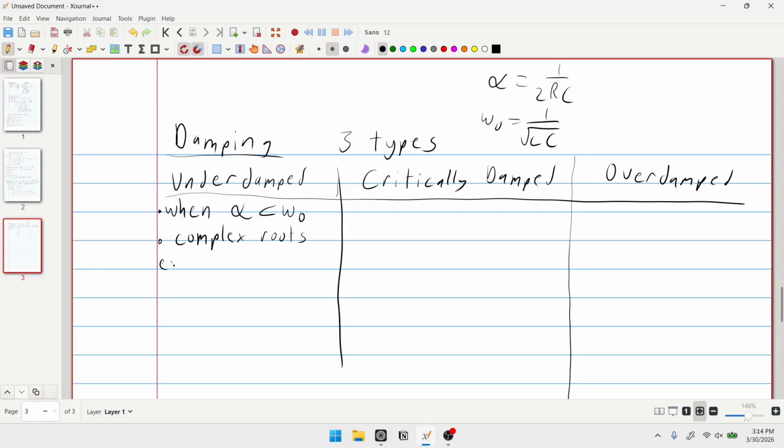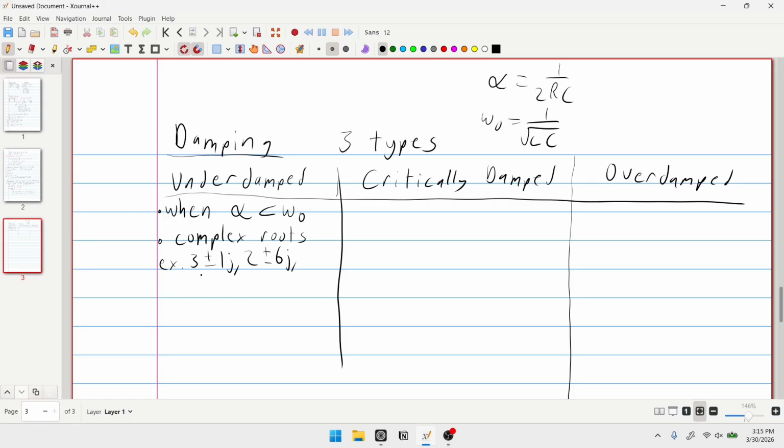Some examples would be 3 plus 1j, or 2 plus or minus 6j, or any sort of conjugate.